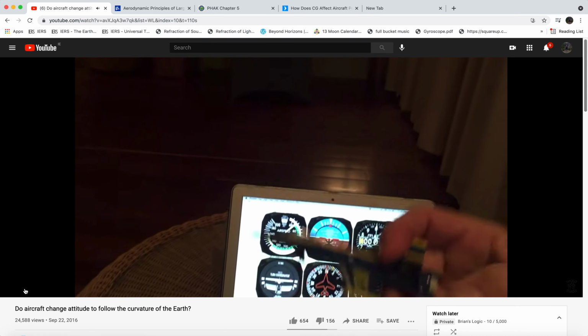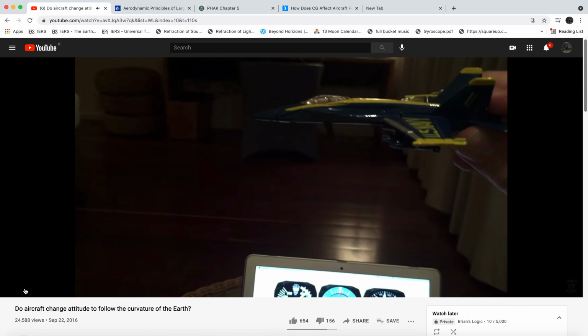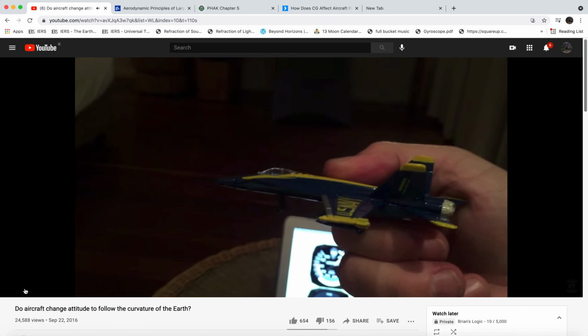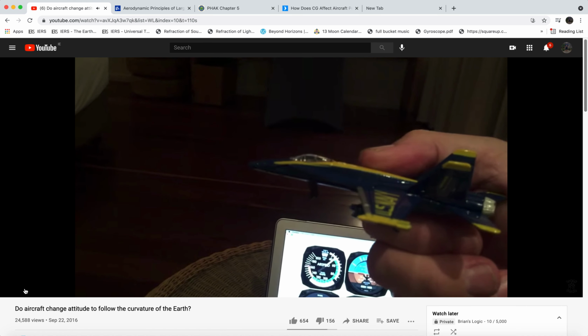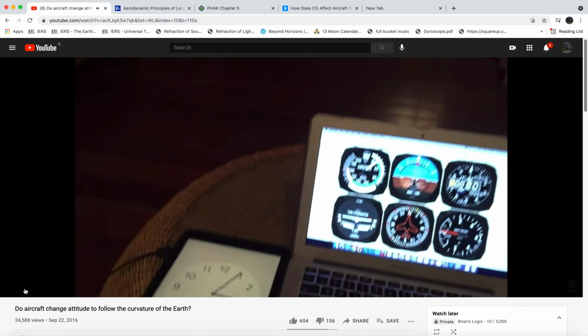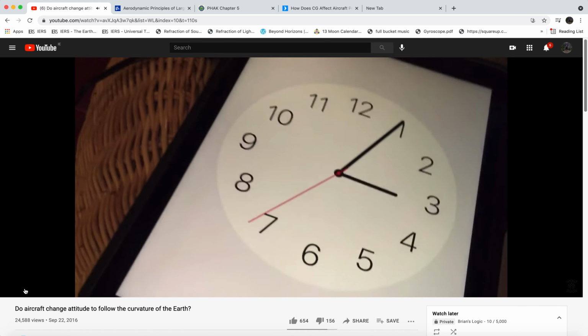So if we imagine this aircraft is going to travel all around the Earth, it would obviously have to pitch down and pitch all the way around 360 degrees. That's logical, right? But how long does it take to do that?